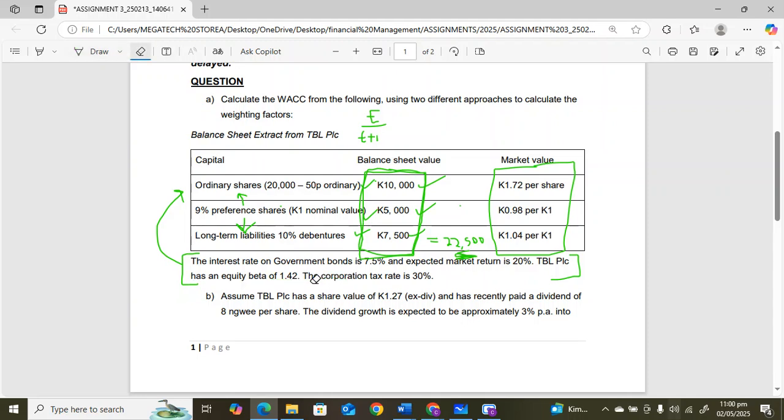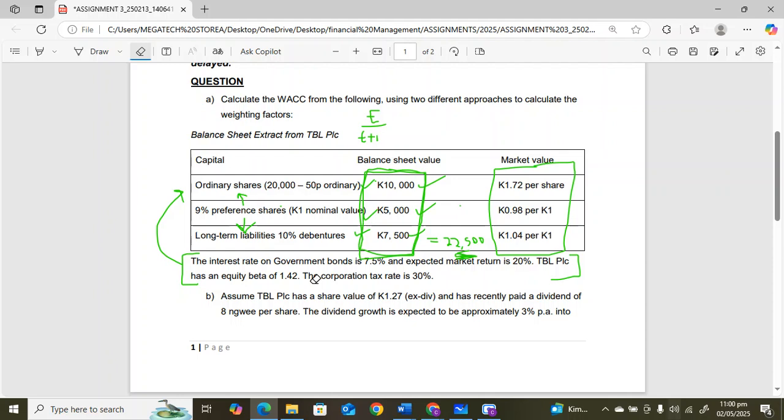The capital asset pricing model, what it's telling us in simple terms is that the higher the risk you incur whenever you're investing in any of these securities, the higher the return. That's what it's telling us.